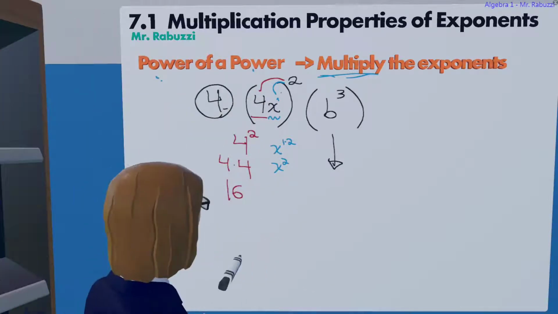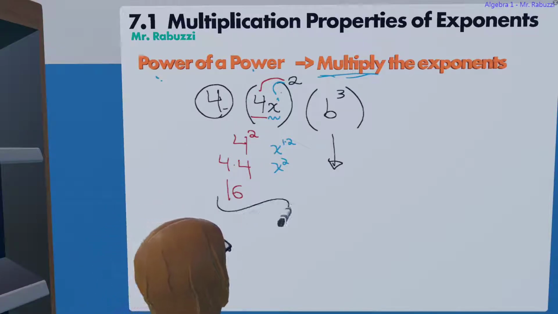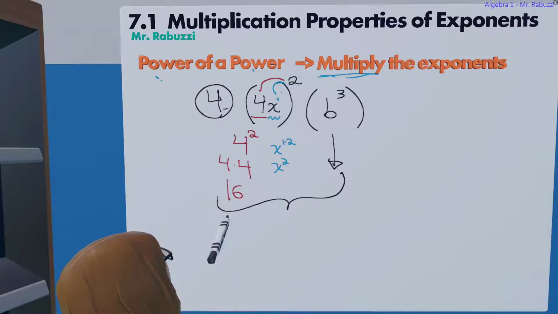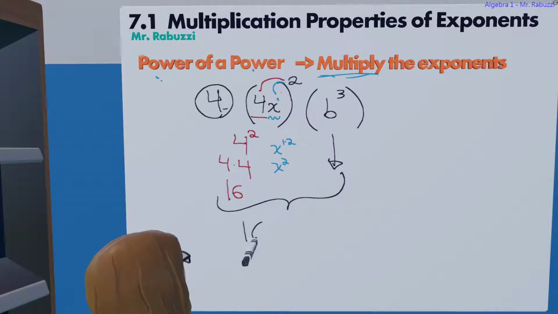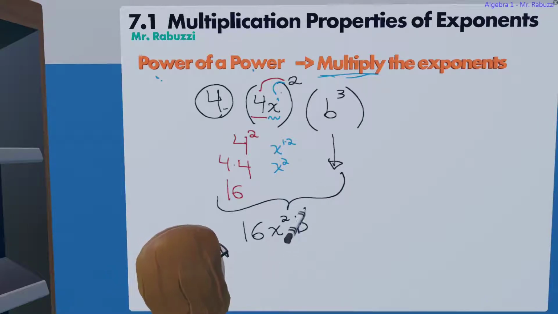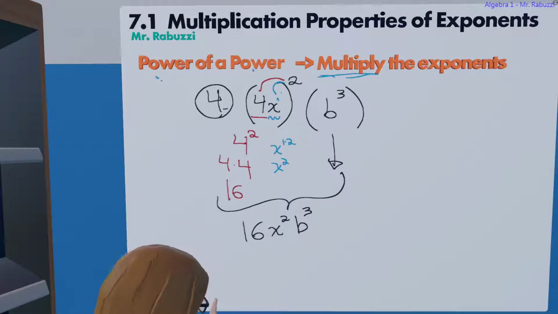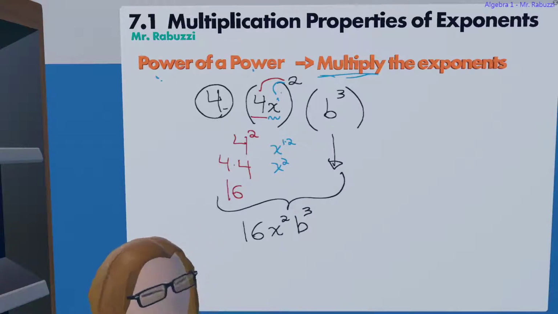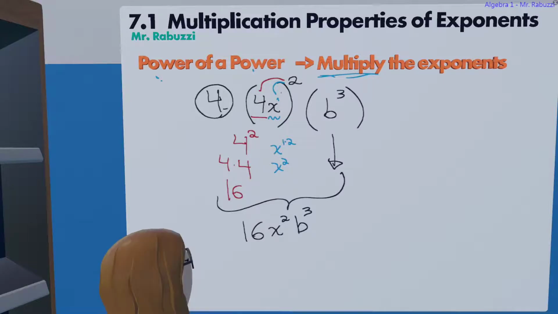So let's check. We have this all coming back together. 16 x squared and b cubed. Okay, we can check if we need anything else to do.